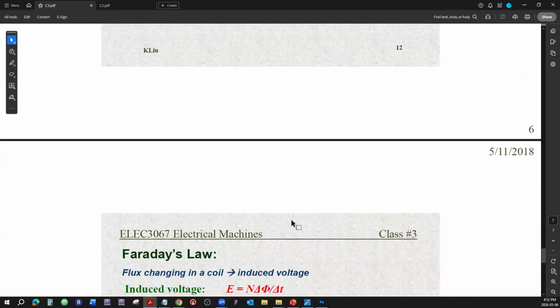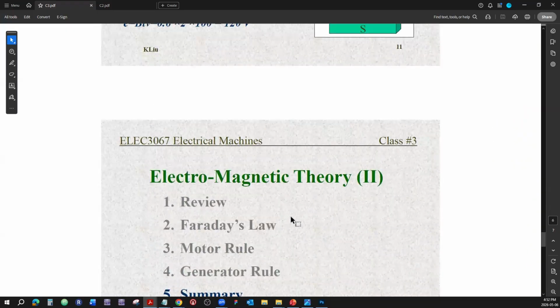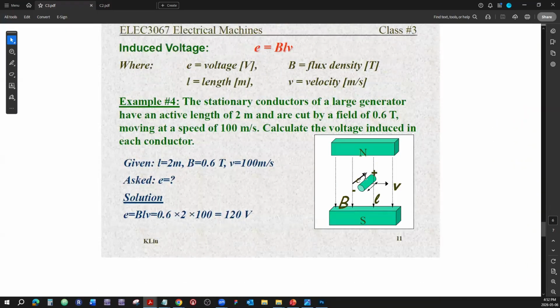Now, in this case here, how can we make this rod longer without making the whole thing bigger? We can just add more turns. Then more length of the wire is going to be exposed to the magnetic field.